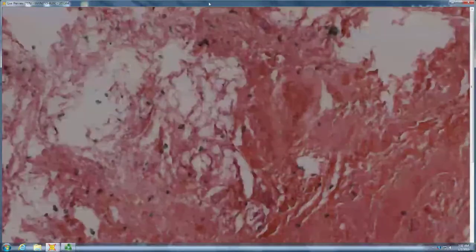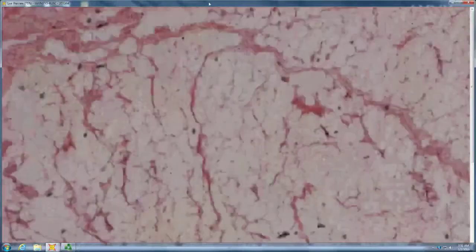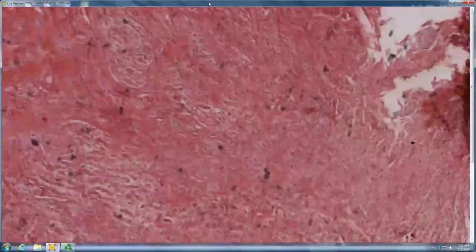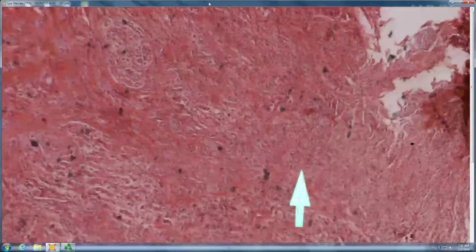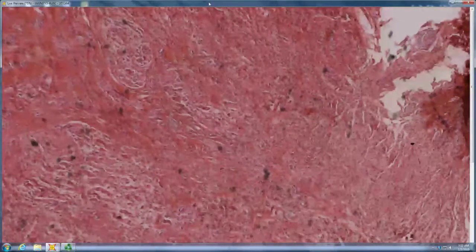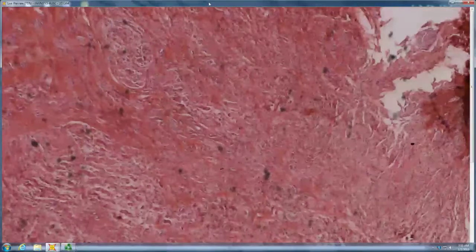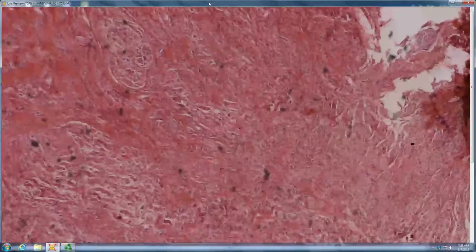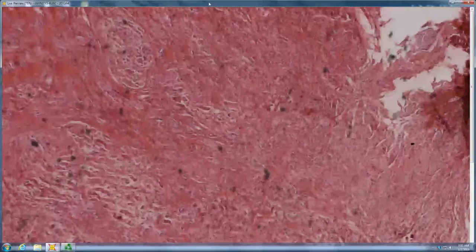I was thinking maybe plexiform with a diffuse neurofibroma. So plexiform with diffuse, the diffuse would be everywhere, which we don't really see. And these are in really well-defined fascicles, although they're haphazard. So more likely, anyone? Traumatic. True traumatic neuroma.